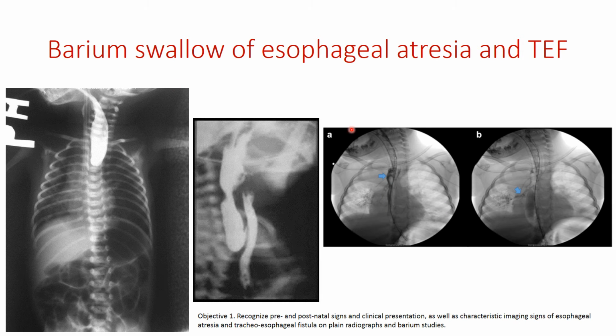And that will lead to something that looks like this, in which we have the atretic esophagus, but we also have a proximal tracheoesophageal fistula, so barium gets into the trachea and out into the bronchi. And we can see how this barium has gone into the bronchi. And again, this patient has, it looks like, a distal tracheoesophageal fistula because we have a large air-filled stomach.